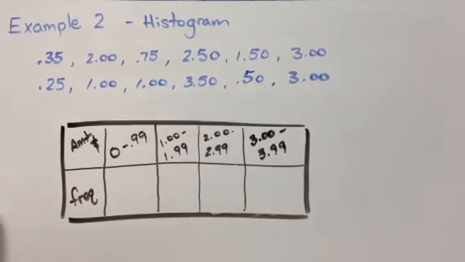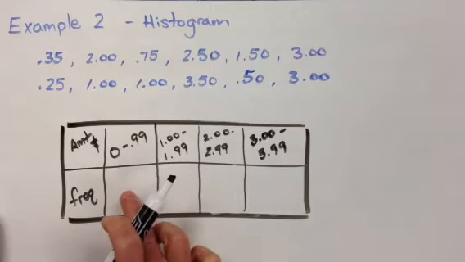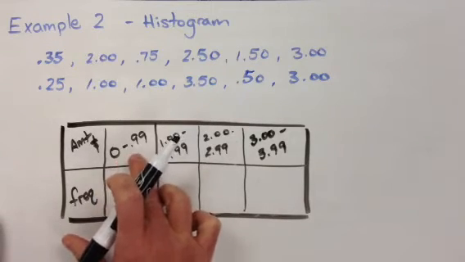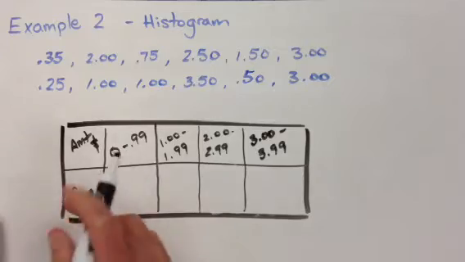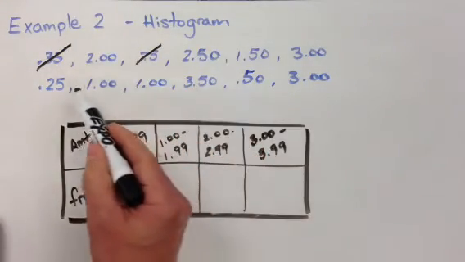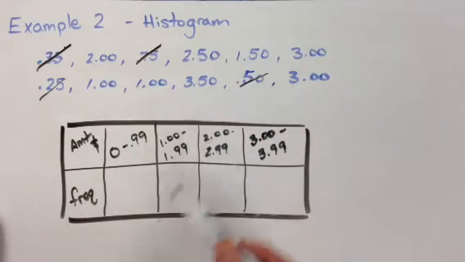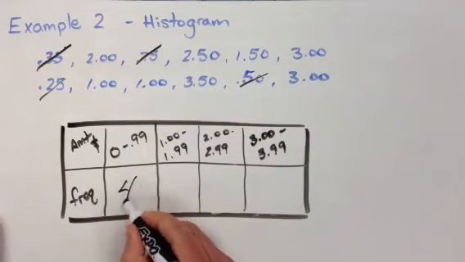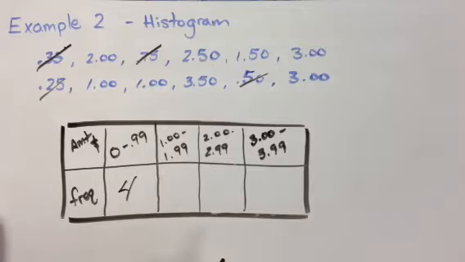So anything that we see that is less than $1 is going to fall in this category, and I see that happening. There's 1, 2, 3, 4 times, and so I'm going to write the frequency is 4.